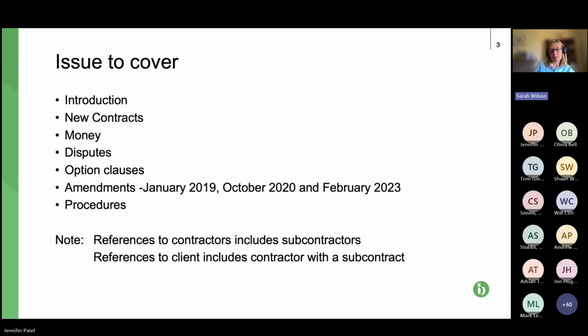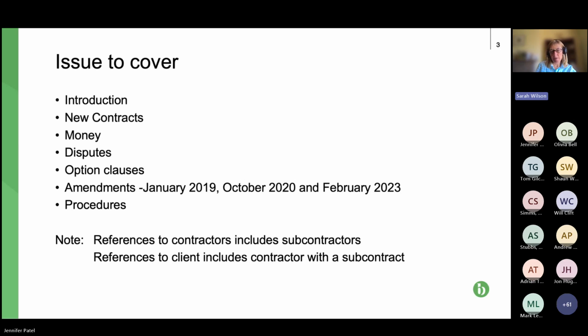We'll cover the amendments since it was introduced, and there's also quite a lot of slides regarding the procedures to be followed for each of these, which we probably won't get around to dealing with. So I'll roughly be covering the procedures when we look at the topics.